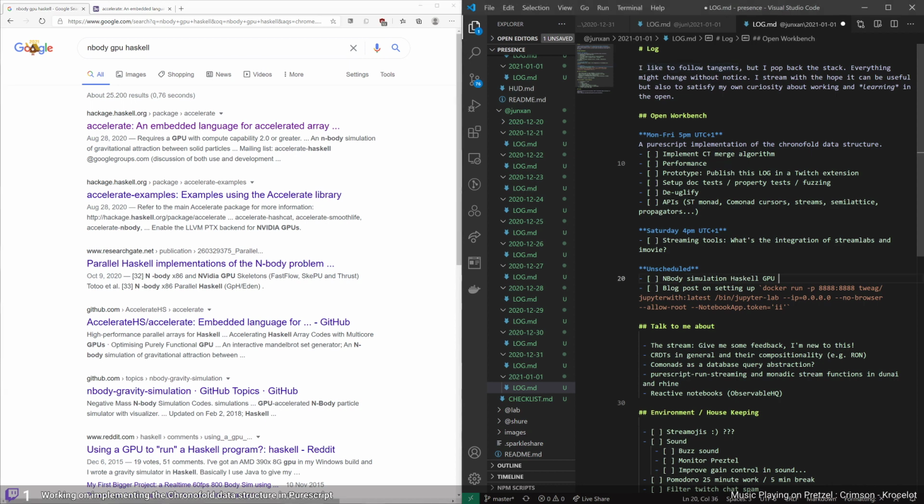Our other series, if you haven't checked it out, is us implementing the chronofold data structure in PureScript. And we got to a milestone yesterday where we got a properly converging implementation. So it's not fast or anything, but that means I can check implementing the CT merge algorithm here. I forgot to do that.